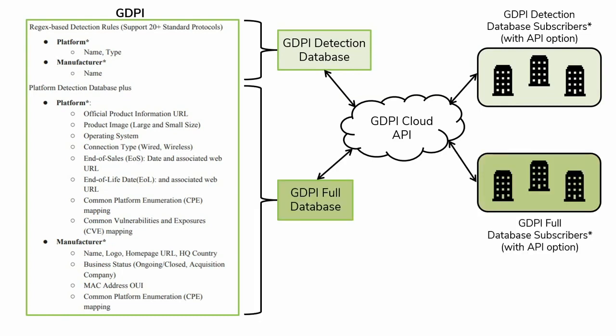The second category of subscribers are the full database subscribers. These are typically customers that are confident they have accurately fingerprinted and know the platform and manufacturer of their devices, but want to augment those devices and that data with the extended database information and all the specific metadata available for the platform and the manufacturer.